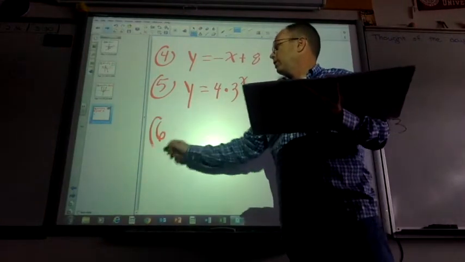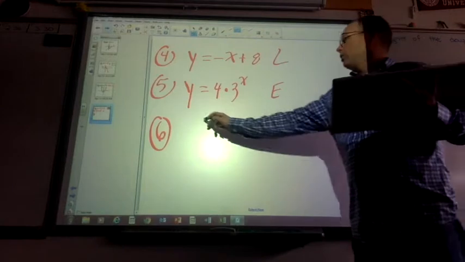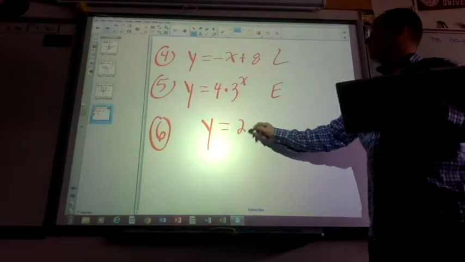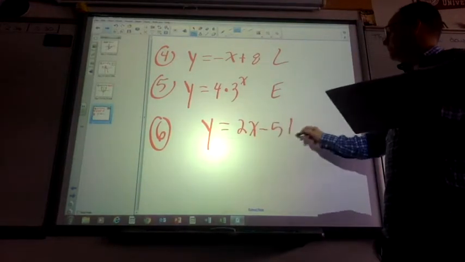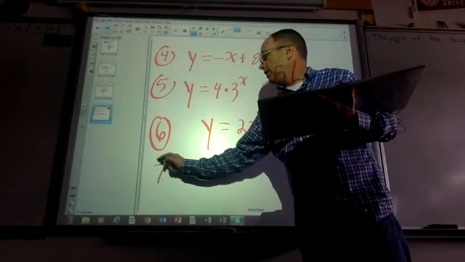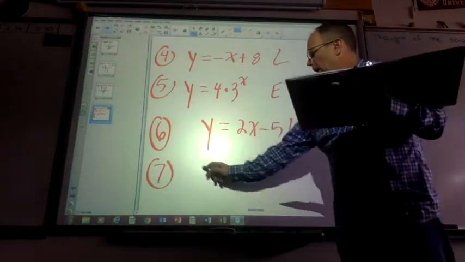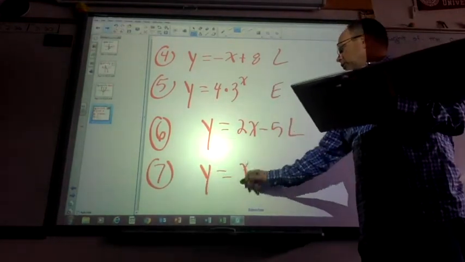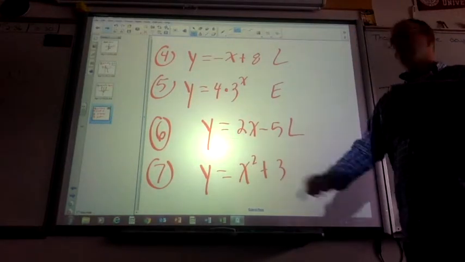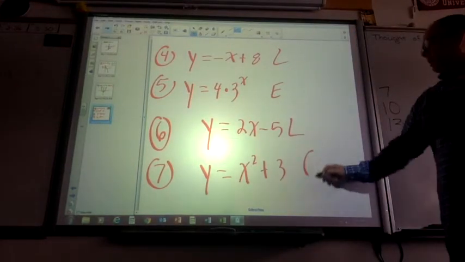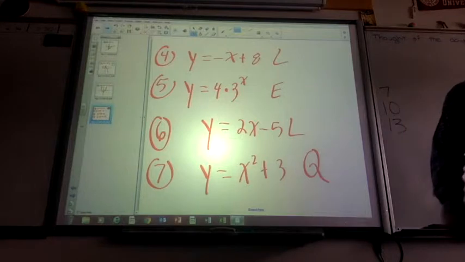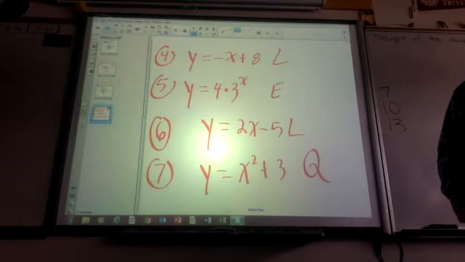Number 6 says y equals 2x minus 5. Linear. Number 7, we have y equals x squared plus 3. What do you think? Does anyone have questions on any of those?